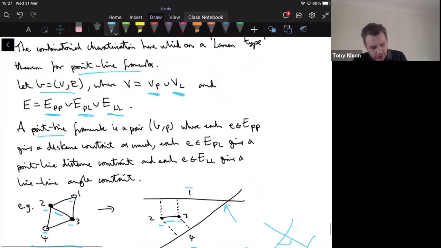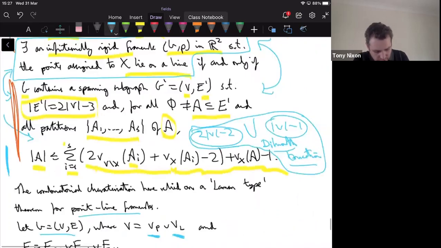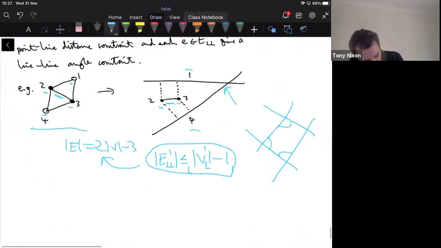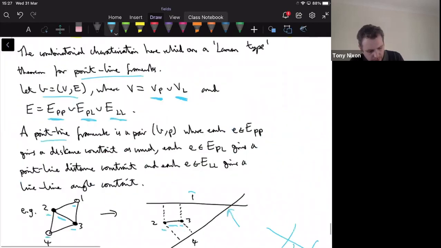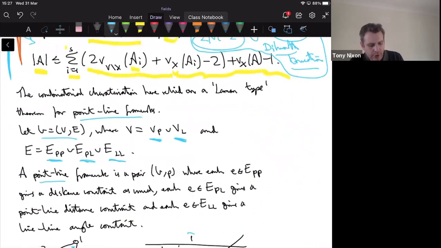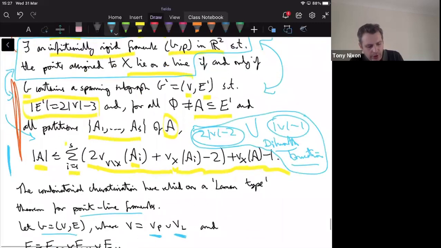But there is a nice paper, and I should have referenced it here, so sorry about that. The paper is by Bill Jackson and John Owen, where they prove, I've forgotten the year, I'm sorry, that a point line framework is rigid if and only if the combinatorial condition up here holds, which I'm in danger of having far too much color all over.